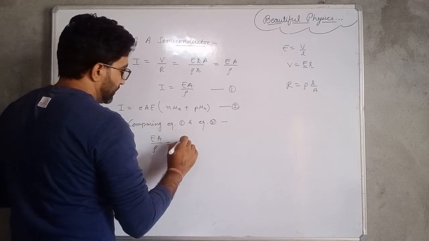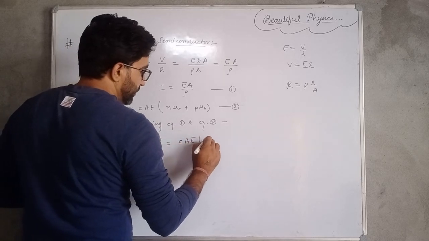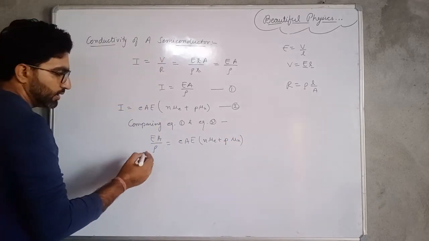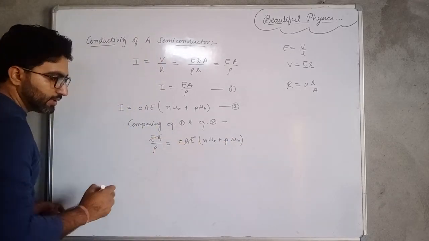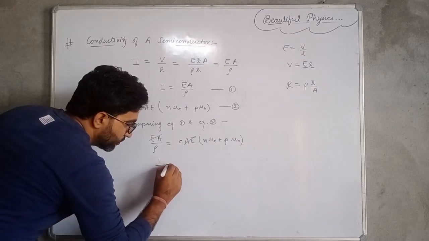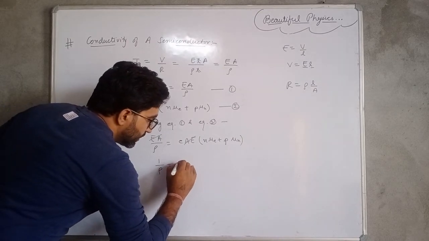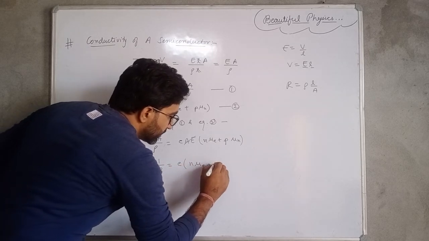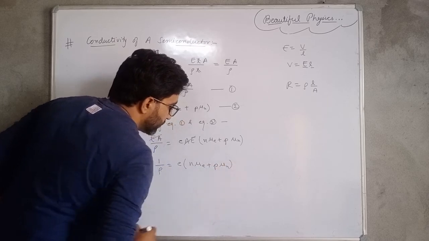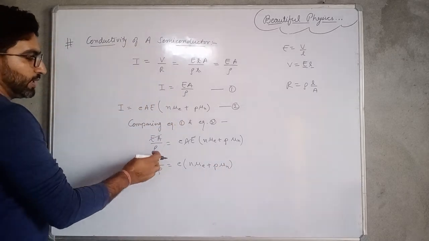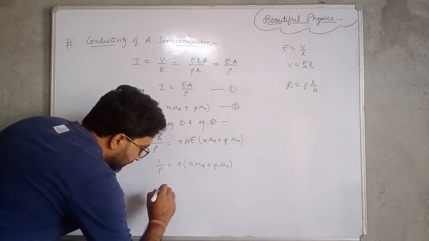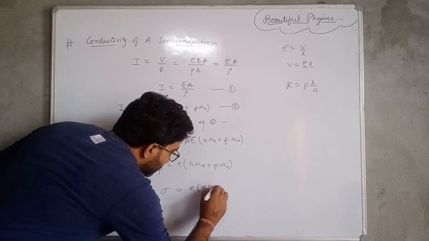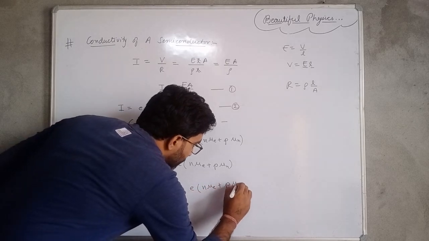So we have E A upon rho equals e A E into (n mu e + p mu h). These common terms cancel each other, so we have 1 by rho = electronic charge times (n mu e + p mu h). Here 1 by resistivity is known as the conductivity, so the conductivity sigma = e (n mu e + p mu h).